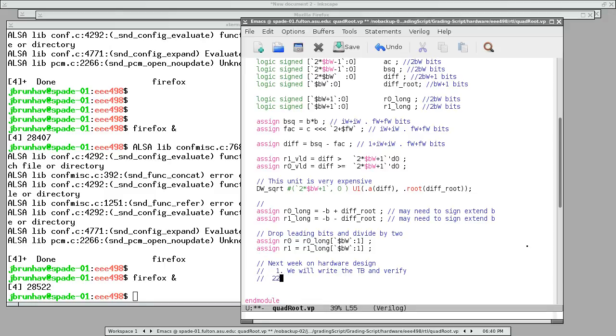Then the thing to do after that is test to evaluate the cost. I'm curious how much these square roots cost. The way we're going to do the verification is pretty simple: we should be able to generate A, B, and C with random.